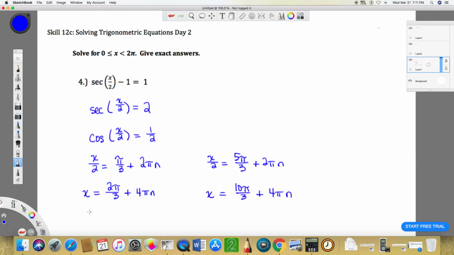Let's write this second term with a denominator of 3. It'll make it easy for us to add. So we rewrite 4 pi as 12 pi over 3 in both of these equations.